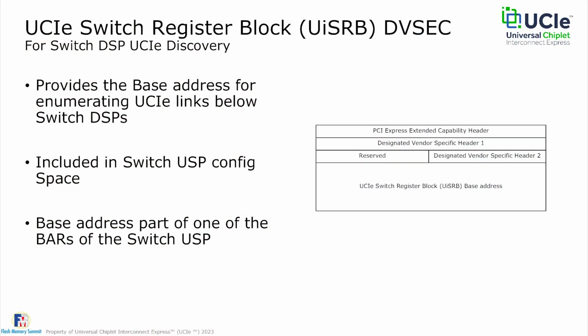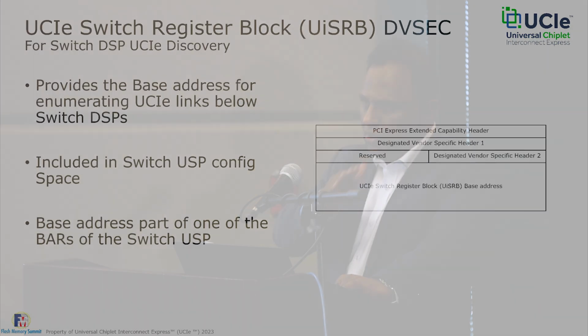The host has an MMIO register space. Then we have a config space and a table header, which is in the device upstream port. And that upstream port is going to have an MMIO bar and then provide a base address for the switch downstream port. Those are all going to look very similar in how you go from a host to a switch to a device.